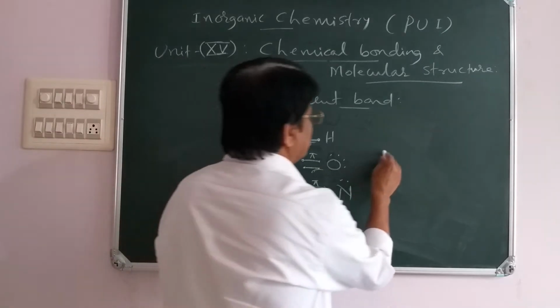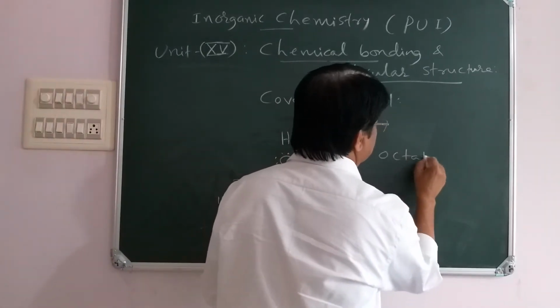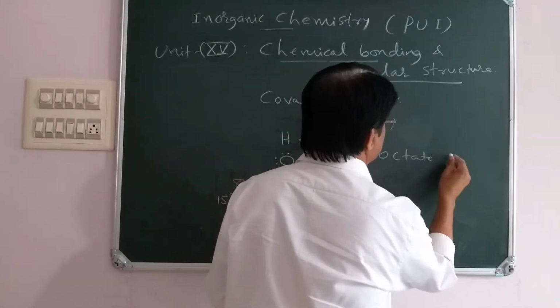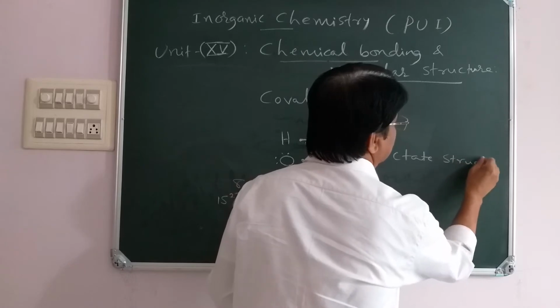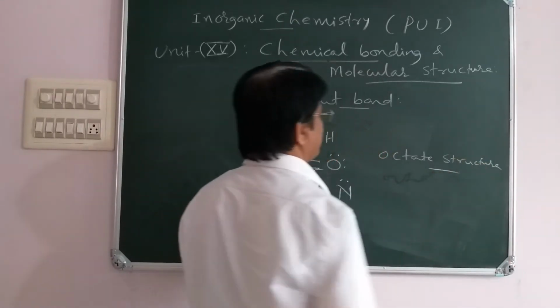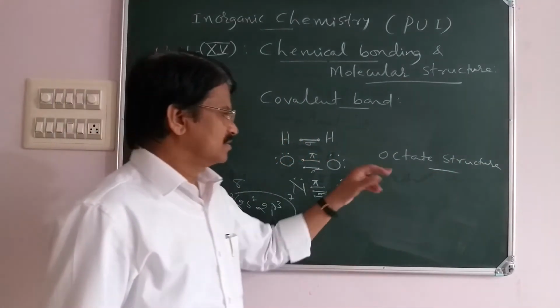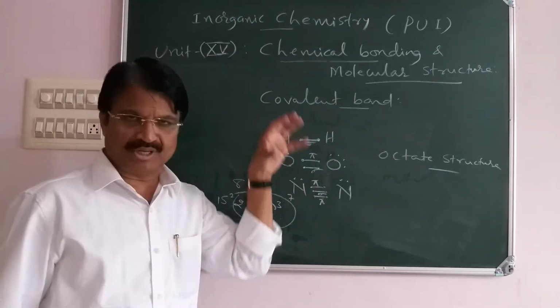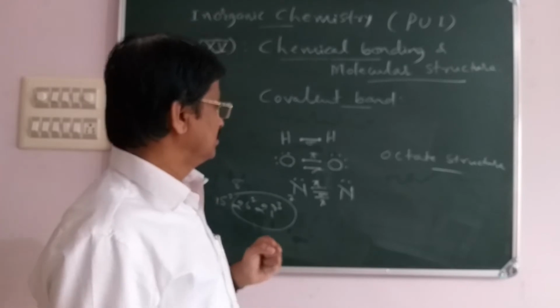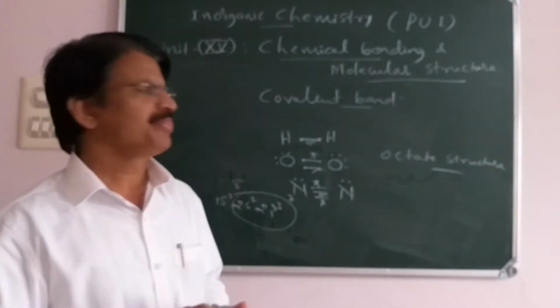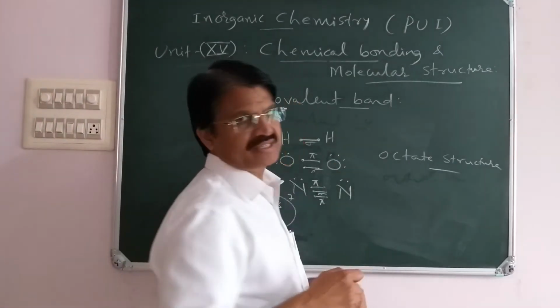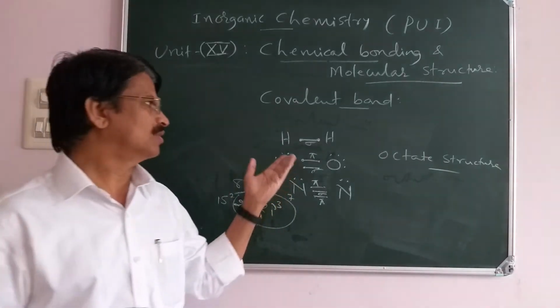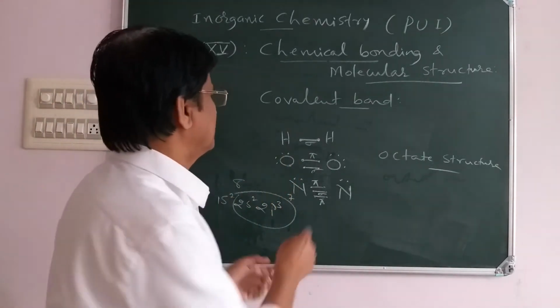And also we can study octet structure. In a molecule, the central atom, or each atom in a molecule, should have an octet structure. Only in a few cases is it a doublet structure, like hydrogen.